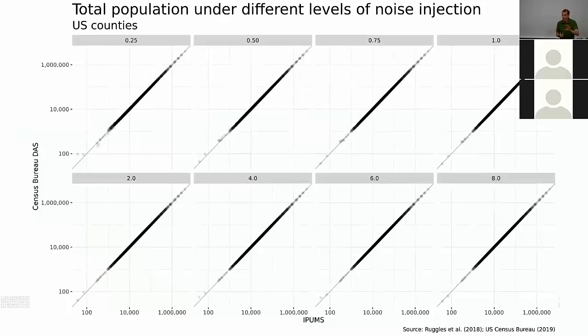Each panel is a different global privacy loss budget. Each dot is a county, and once you're up to a value of 8.0, the noise-infused counts are coming very close to the true counts, and you see a little bit of variation around that line at 0.25 for smaller counties.